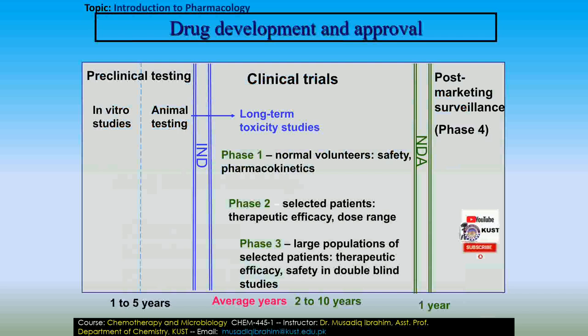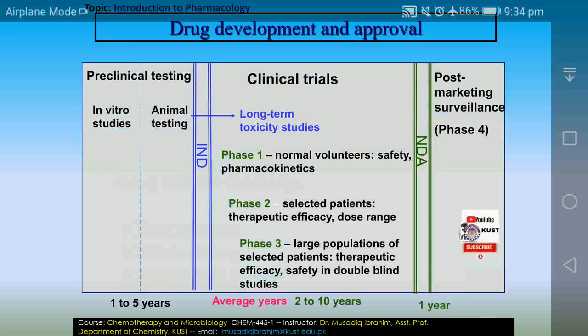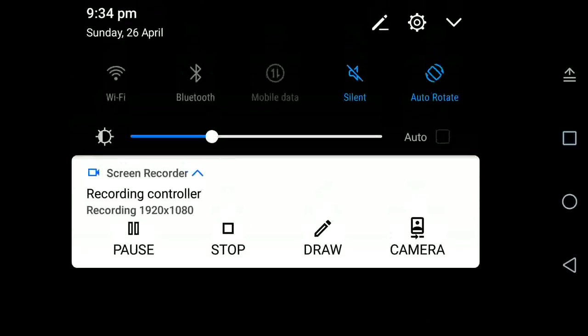And the two terms which are written here are IND, which stands for investigational new drug, and finally you have NDA, which is new drug approval. So these are the phases through which a drug has to pass, and then finally it can be used for patients with specific infections.